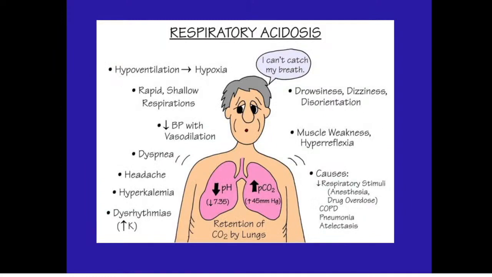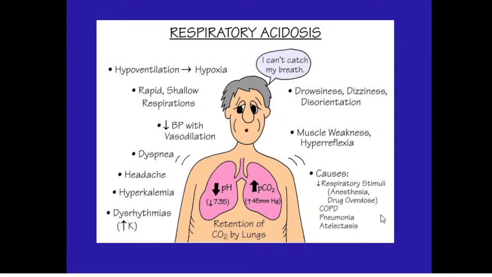Respiratory acidosis is usually caused by rapid shallow respiration, hypoventilation of the lungs, which will cause hypoxia, a decreased level of oxygen, and a rapid increase of acidic equivalents due to the increase of partial pressure of carbon dioxide. Carbon dioxide will be retained by the lungs, and this will lead to the signs of this state.